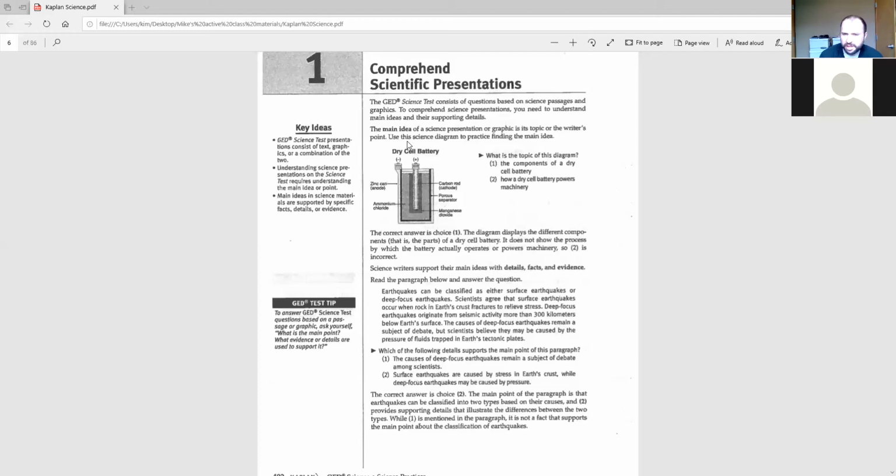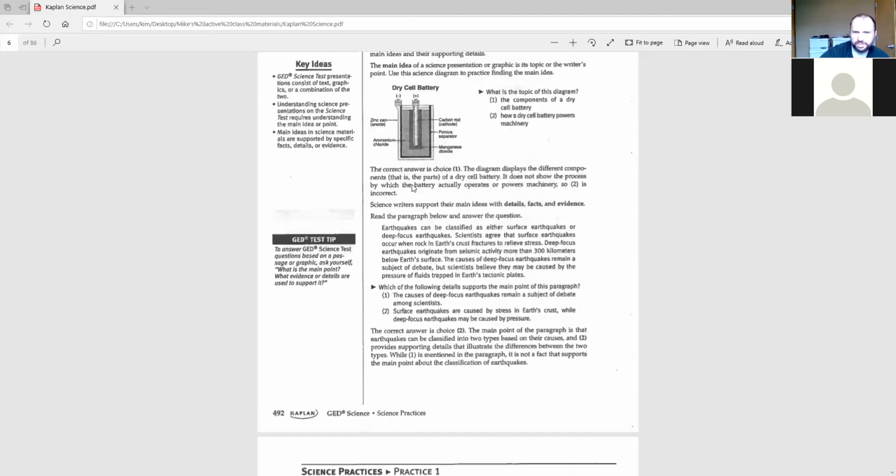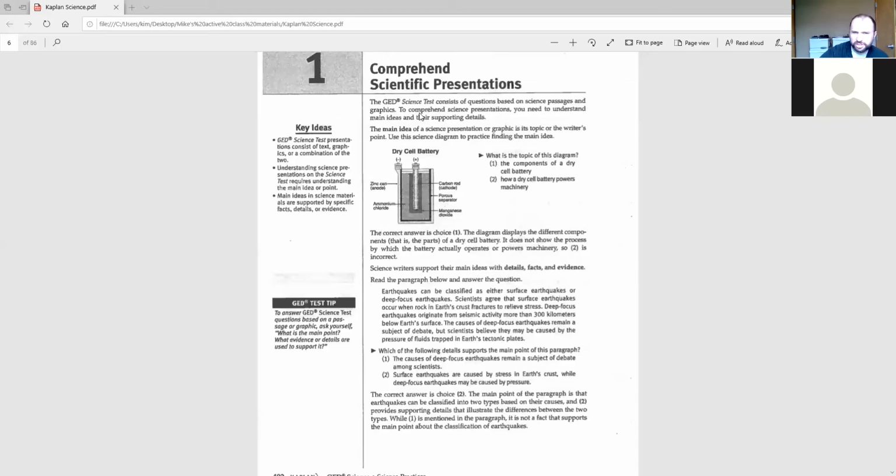So again, I don't want to go over that too much because it's something we've gone over in the past. Just kind of give you an idea, right? So I'm going to just go ahead and skip this stuff here. This is all pretty straightforward.